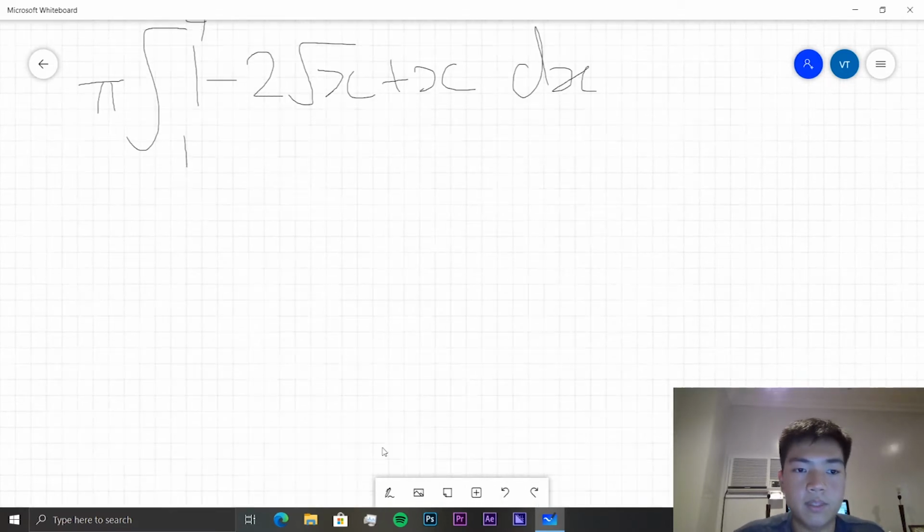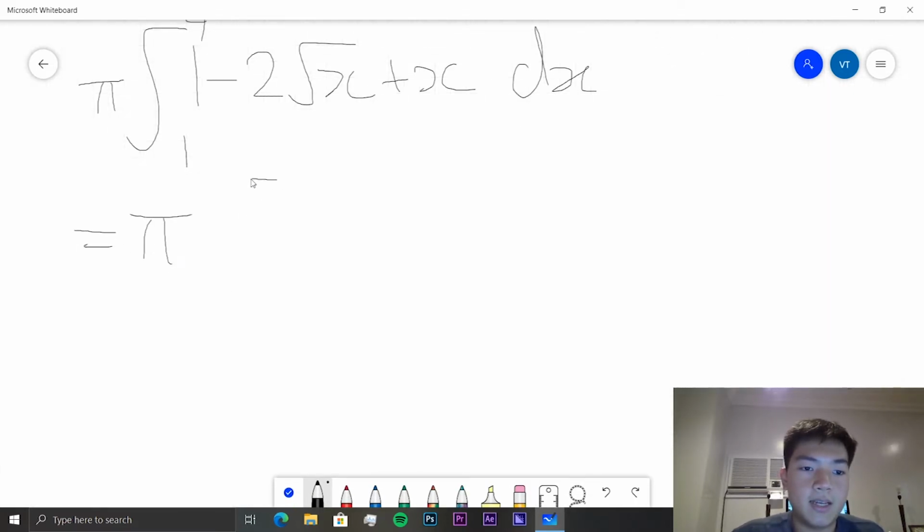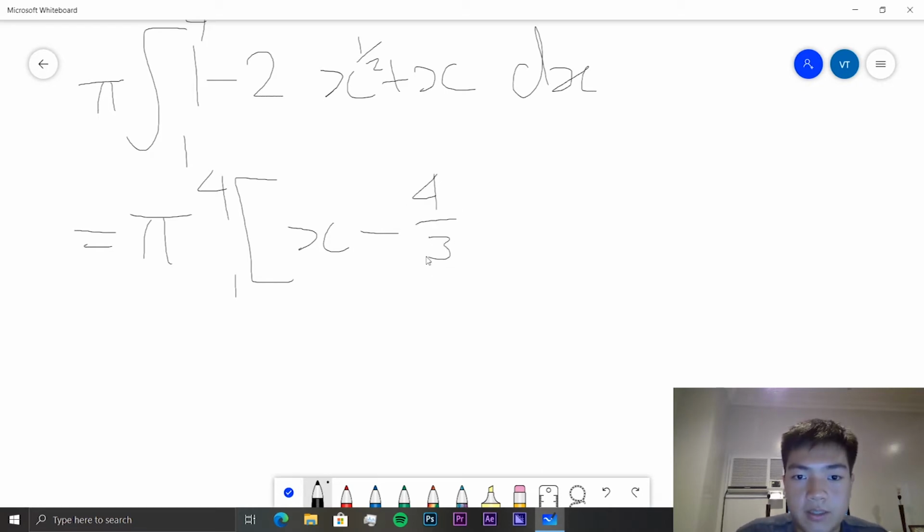So this is equal to pi times, between 1 and 4, of x minus, remember we can rewrite this as x to the power of 1/2, so this will be equal to 4/3 x to the 3/2 plus 1/2 x squared.